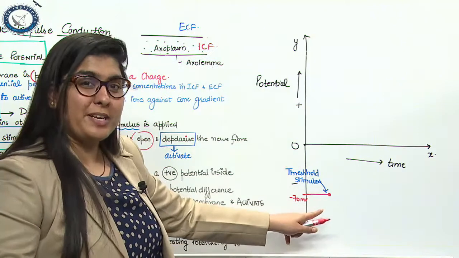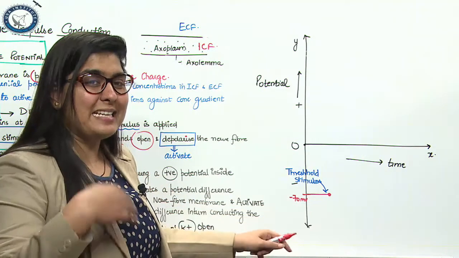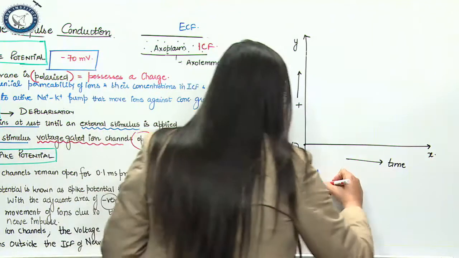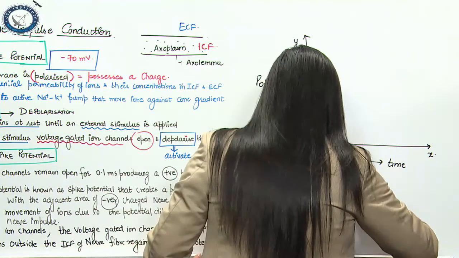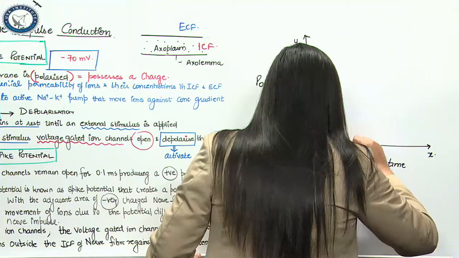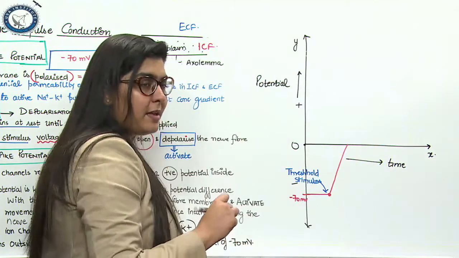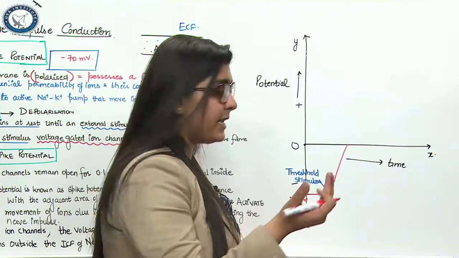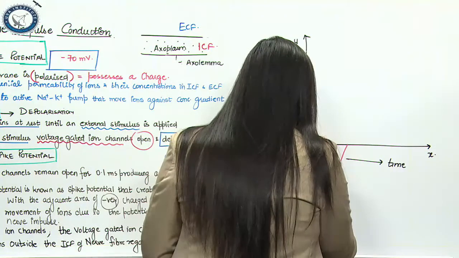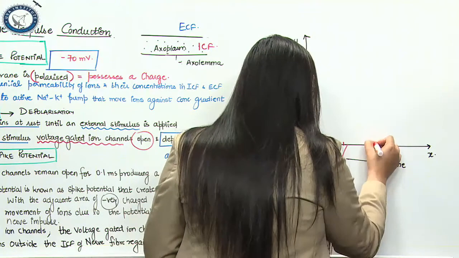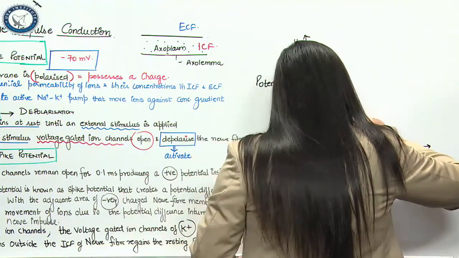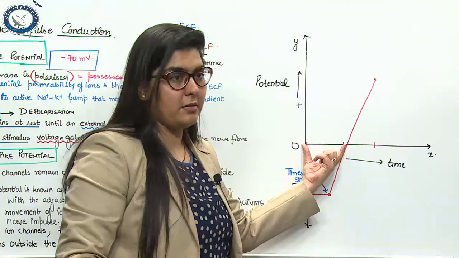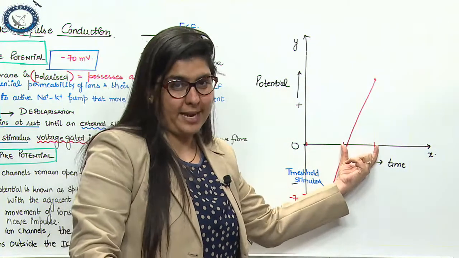it opens the sodium gated ion channels and there is entry of positive charge. That entry of positive charge changes the potential from minus to 0. And since it's inertia, it's going to remain open for 0.1 millisecond, 1 millisecond, so it's going to keep increasing the potential. This is 1 unit of time.